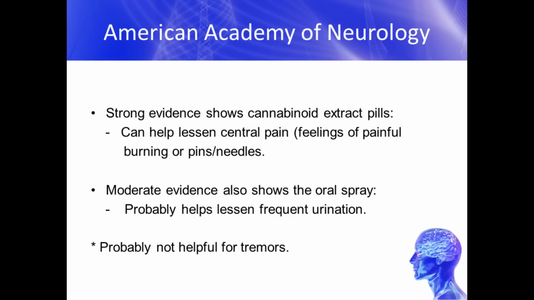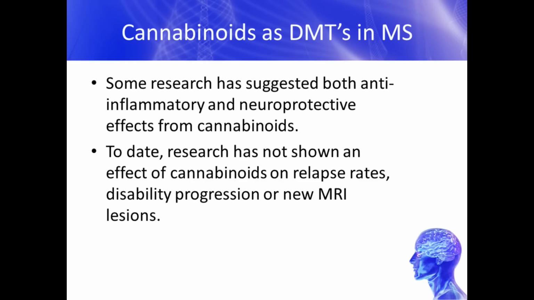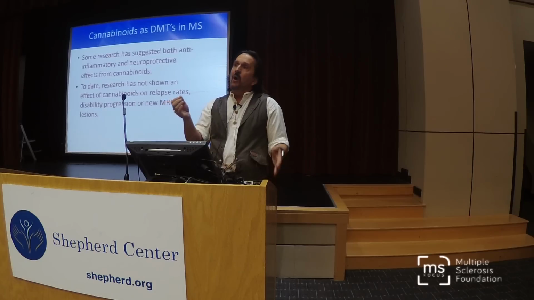One of the things that the cannabinoid extracts did not do is help with tremors or what we call dysmetria or incoordination of movement. So it looks like the evidence is good that cannabinoids can help certain symptoms of multiple sclerosis, primarily spasticity/spasms, central neuropathic pain, maybe urinary frequency and urgency.